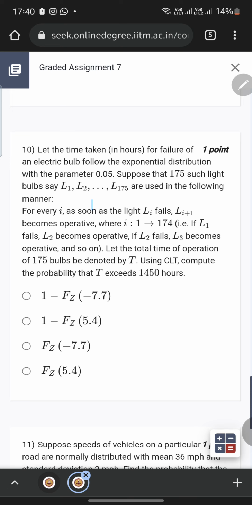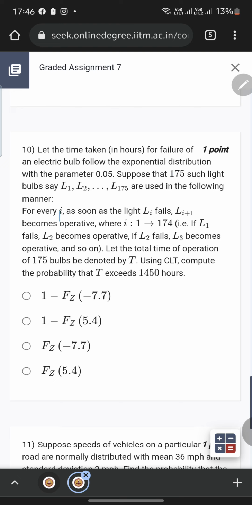Next is, let the time taken for the failure. Okay, so there are a total of 175 light bulbs, and each light bulb has a distribution of failure with a parameter of 0.05, and the distribution is exponential.